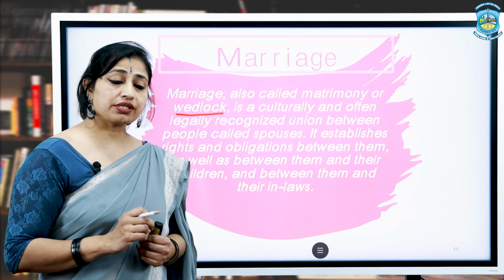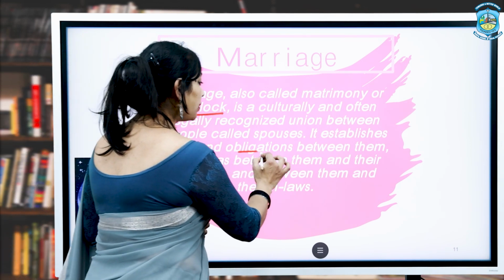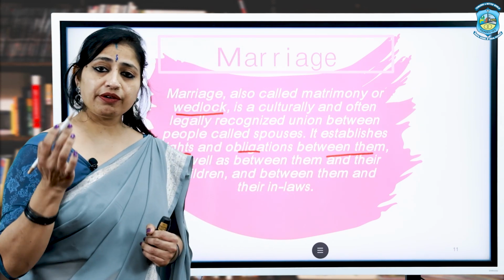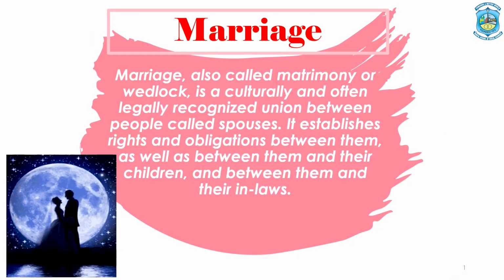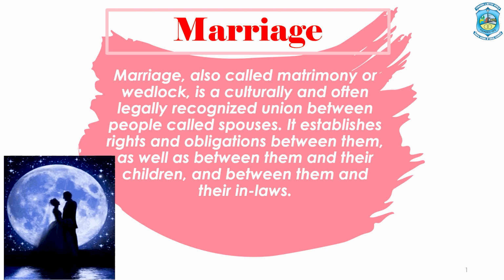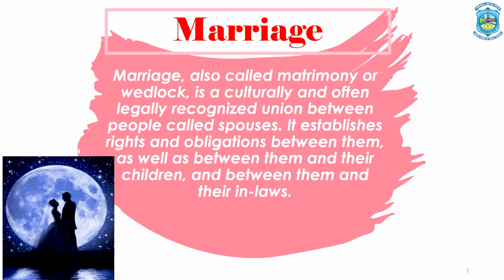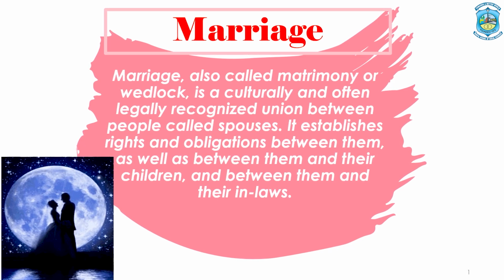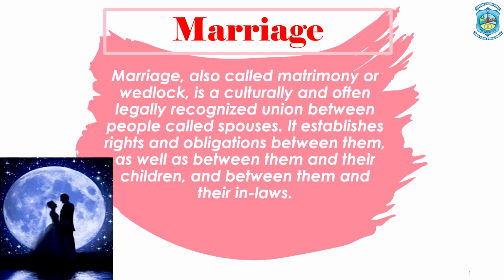It establishes rights and obligations between husband and wife or men and women, depending upon the forms of marriage, as well as between their children and between them and their in-laws.